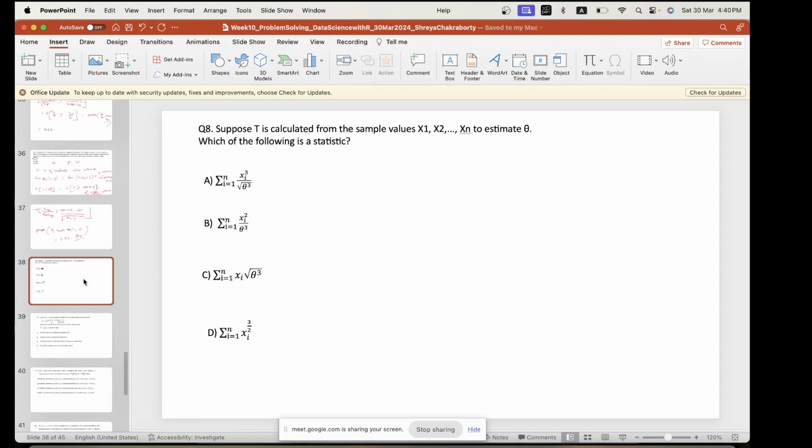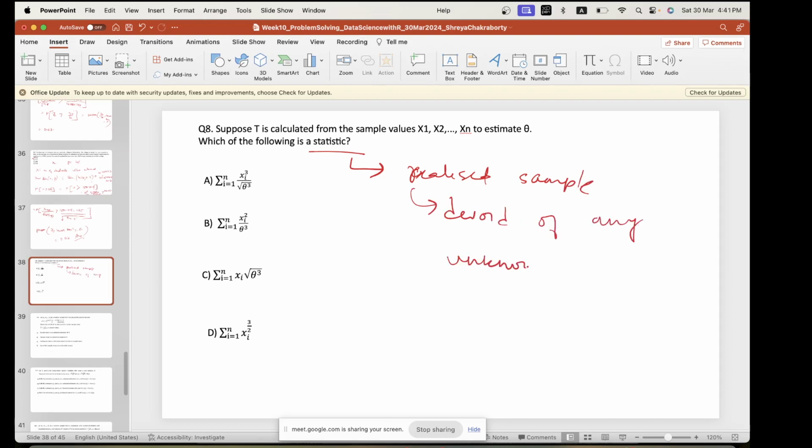So this question says that suppose t is calculated from sample values x1, x2, xn to estimate theta, which of the following is a statistic? So a statistic is what? That is based on a realized sample, and this should be devoid of any unknown quantities, or rather unknown parameter. So for this one and this one, these are not statistics because theta is already involved in their formulation.